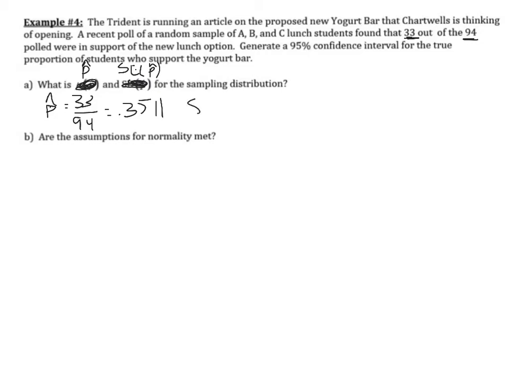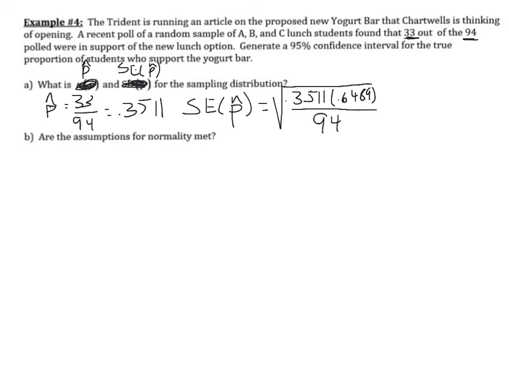Our standard error of p-hat is found by taking the square root of that number, p-hat, 0.3511, times q-hat, the complement of that, which is 0.6489, and then dividing by our total sample size of 94.